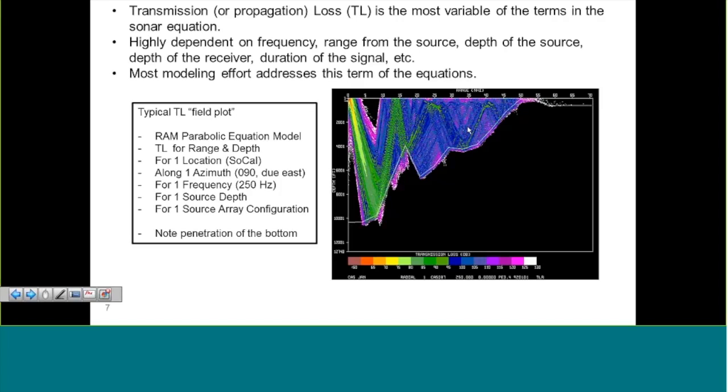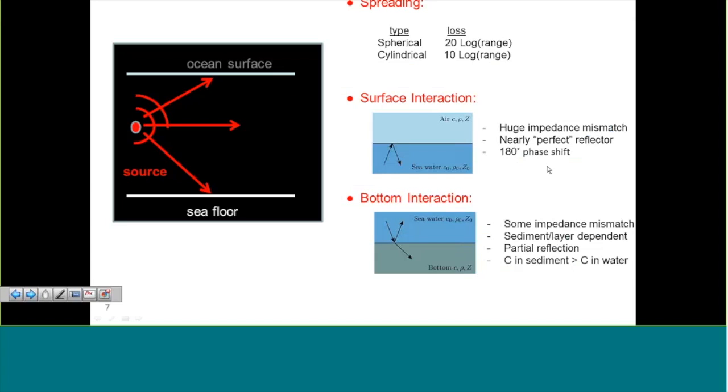The point of that is that I don't want you to default to human hearing and what we hear and see in our normal lives. Normally, you think of my voice coming straight from my mouth or the speaker right directly to your ear in a straight line. And in the ocean, that's not the case. There's a lot of bending, or what's called refracting, in the ocean, and a lot of echoes and long distance propagation. Okay. We'll get back to this slide, and I'll point out a few things about it a little bit later after I talk about some of the terminology.